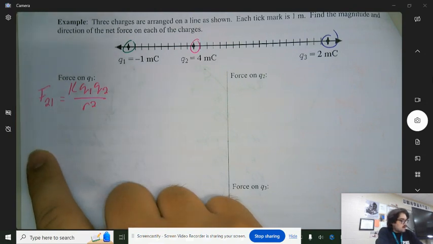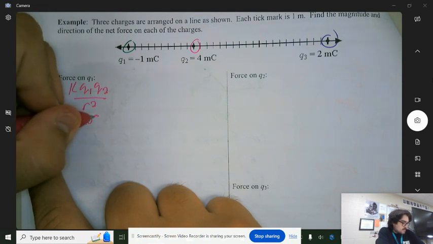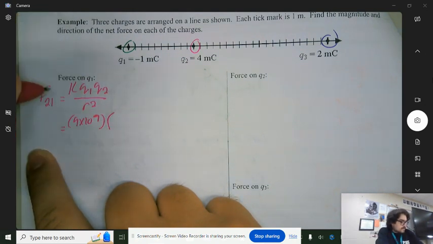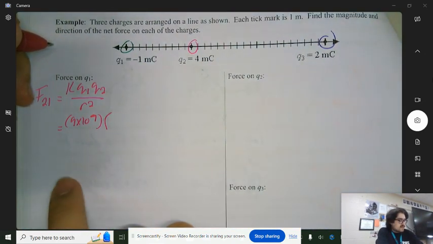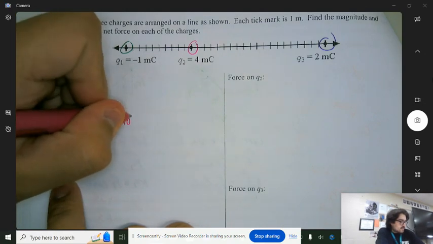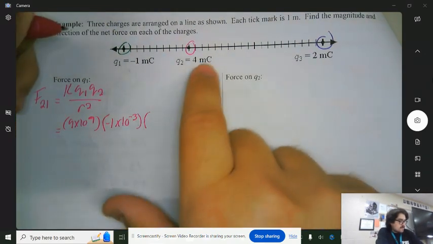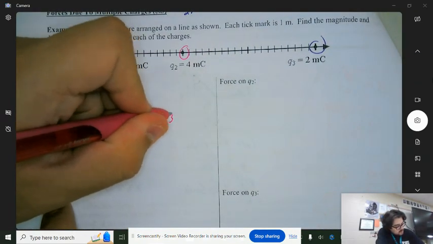Then we would just plug everything in: 9 times 10 to the ninth. We need to convert all these from millicoulombs into coulombs. So this would be -1 times 10 to the negative third, and then charge number 2 is 4 times 10 to the negative third.